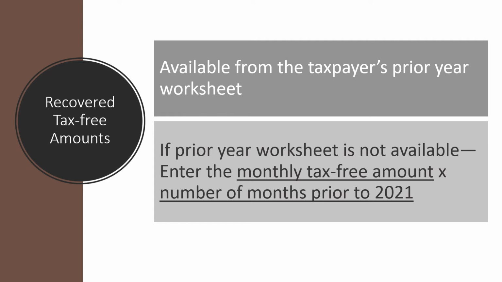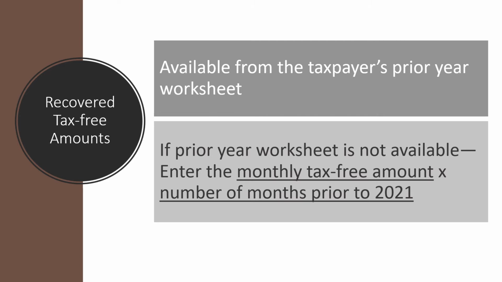Sometimes they don't come prepared with their previous year returns and they don't know how much they've recovered. If that's the case, then we can enter the monthly tax-free amount from our calculation and multiply that by the number of months that they had already been receiving payments prior to 2021.